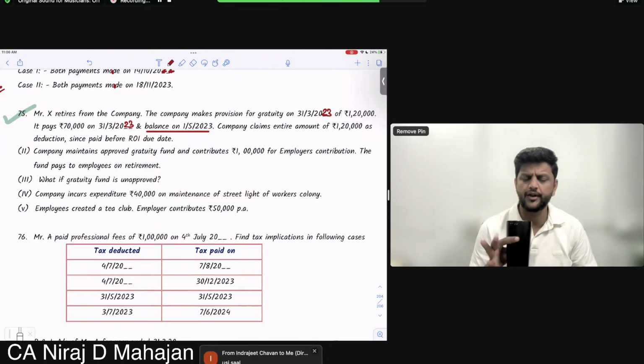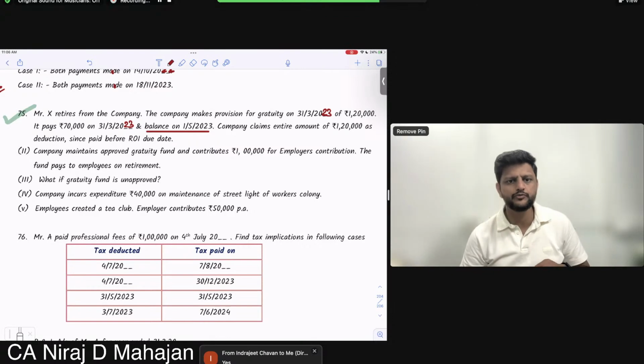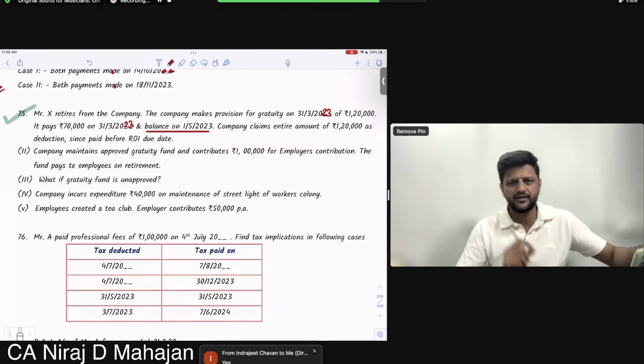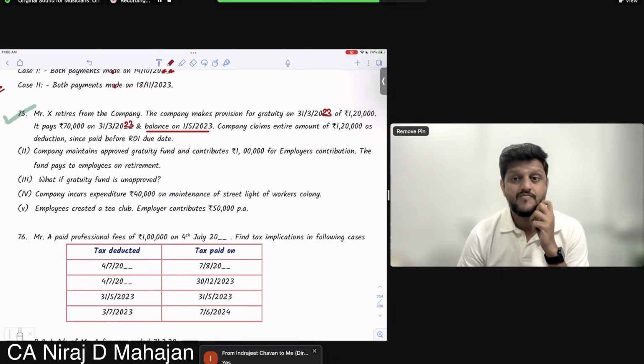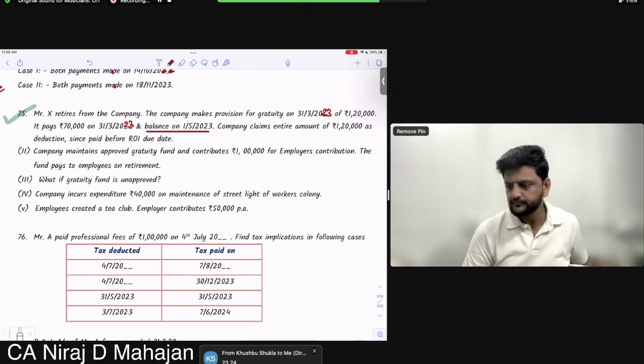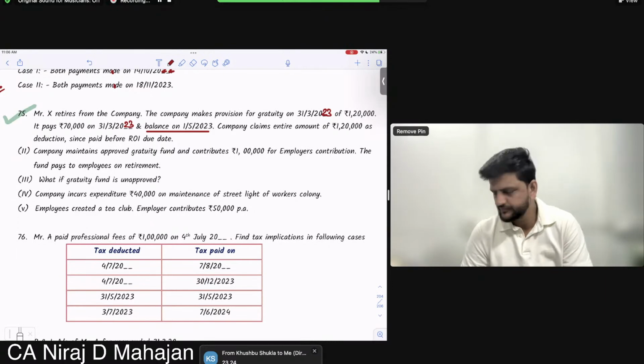Okay, Indrajit, because of 43B, I think you are saying. Khushbu, which year? Give me just proper year, na, 22, 23 or 23, 24, whatever you want to say. Very good answer, Khushbu, correct. So there is no 43B applicable here.